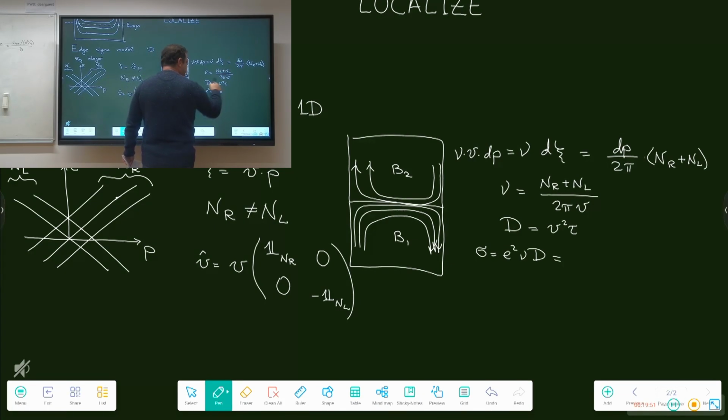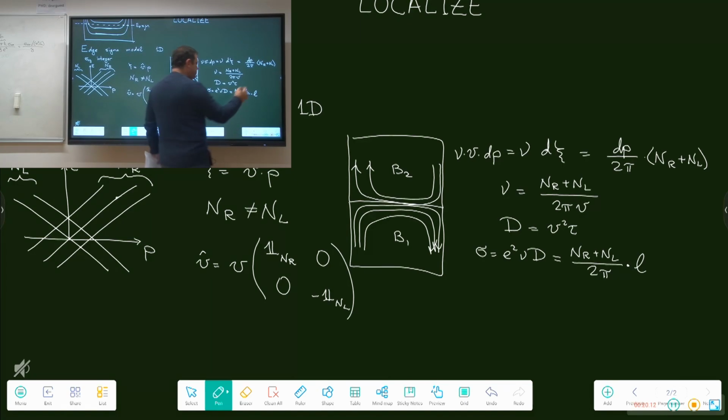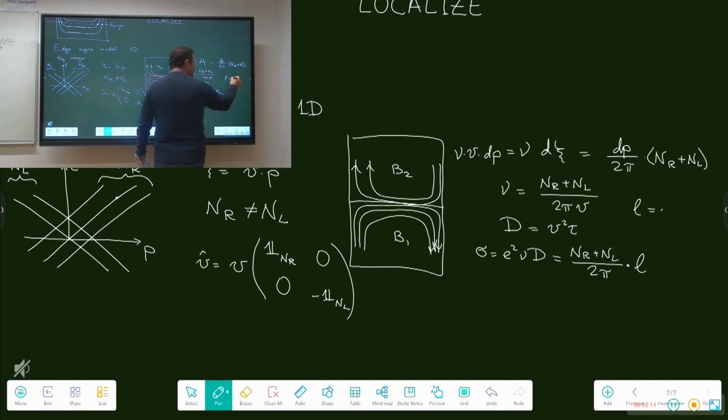If I multiply them, v cancels out once, and I have n right plus n left divided by 2 pi and multiplied by the mean free path, L. Just a reminder, L is v times tau.